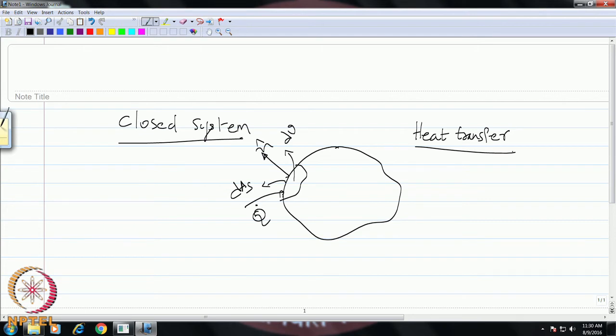This is positive when it is going into the system, and a certain quantity of work which is done by the system. So, work done by the system is positive here. Okay. But when you are looking at only pure heat transfer, let us ignore the work interaction. So, we will simply ignore work transfer.